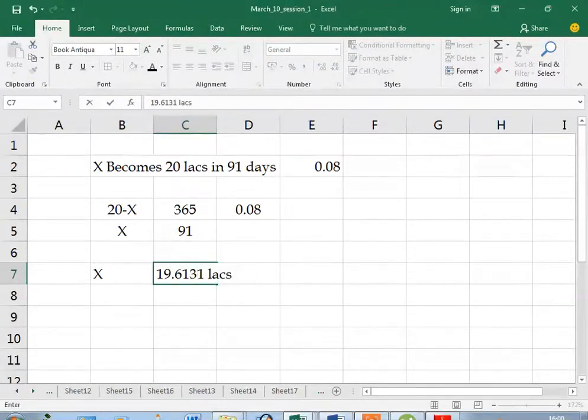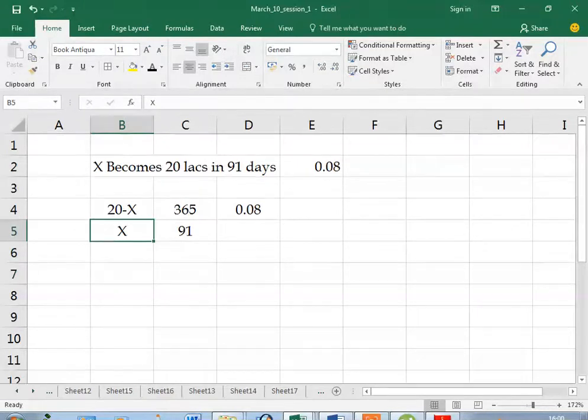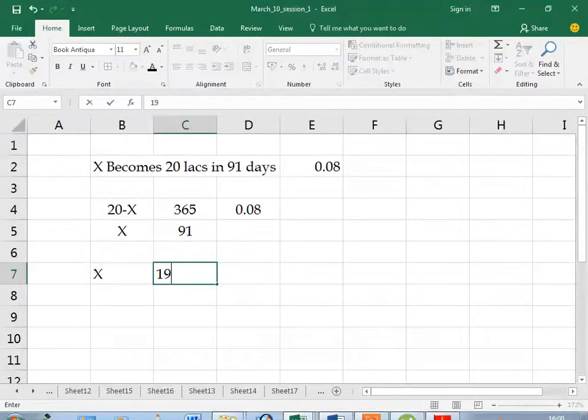Getting the same answer? You will not get a difference. The same calculation, 20 minus X, 365 by 91. 19.6089.